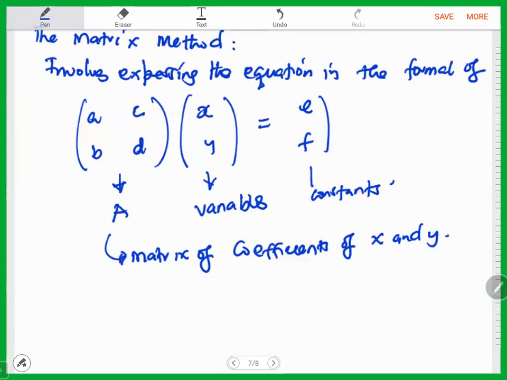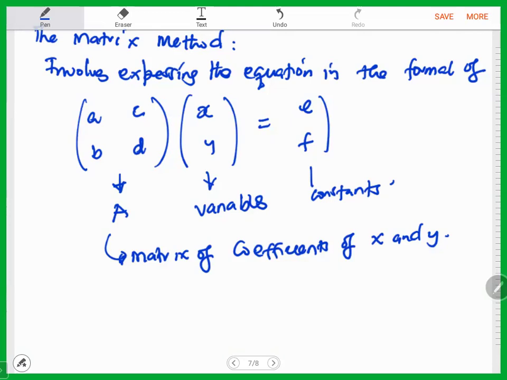So in order to find the values of x and y, we shall always be required to find an inverse of the matrix A, which must be determined and then multiplied on both sides to make x and y the subject of the equation.